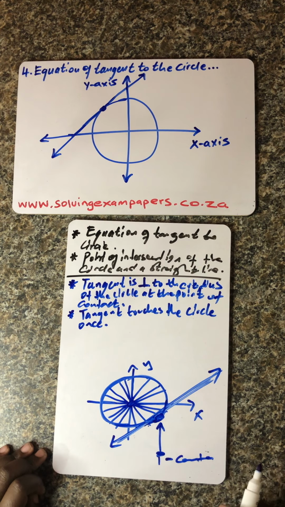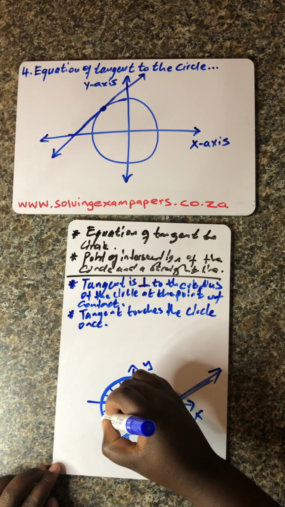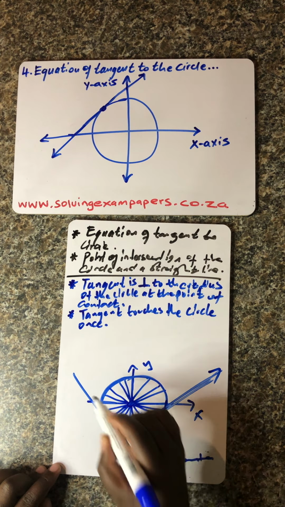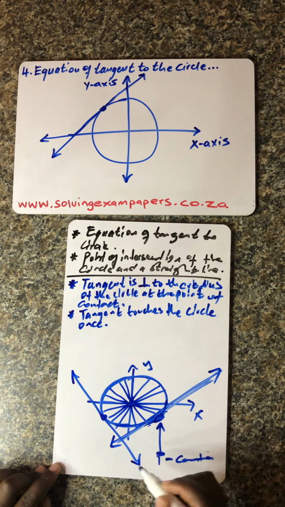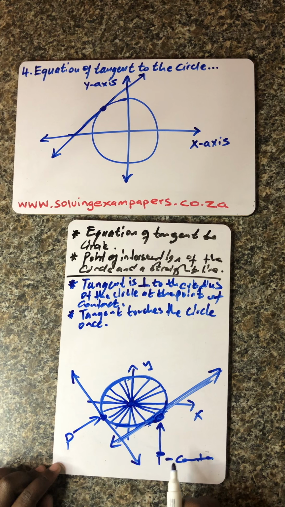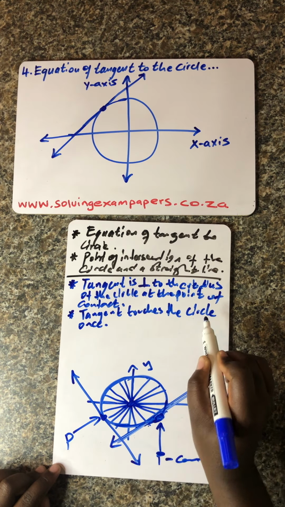I'm not sure if that part makes sense, but I assume it does. We can still have a straight line, as I've explained previously, in that direction, which means this is the point of contact. So what are we saying when we say the tangent touches the circle once?